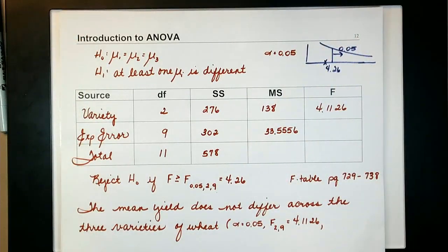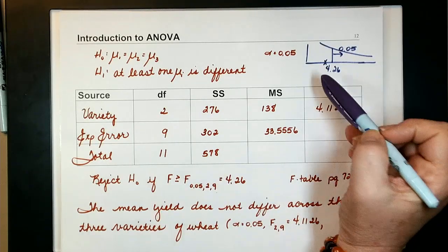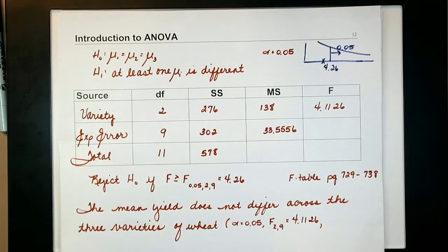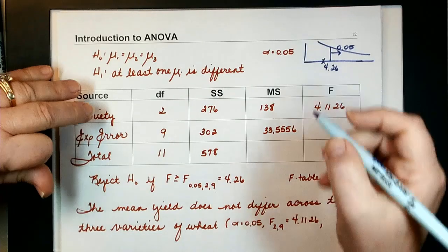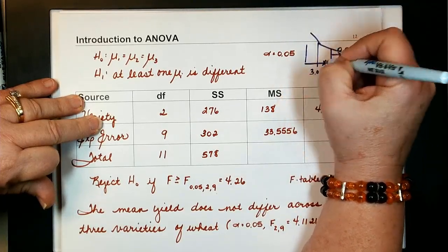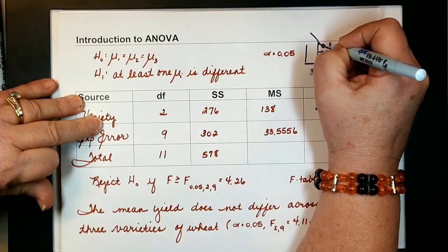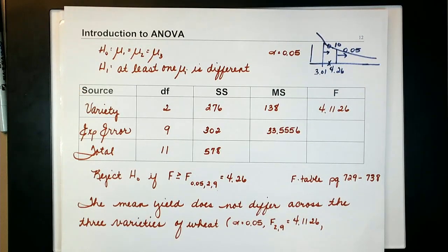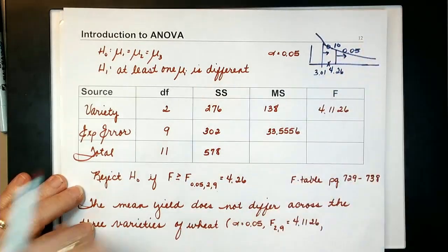If I go to the 0.1 page, the next one bigger, go to column 2, row 9. That value is 3.01. That value determines a right-hand area of 0.1. So therefore, we would report our p-value is bigger than 0.05 but smaller than 0.1.